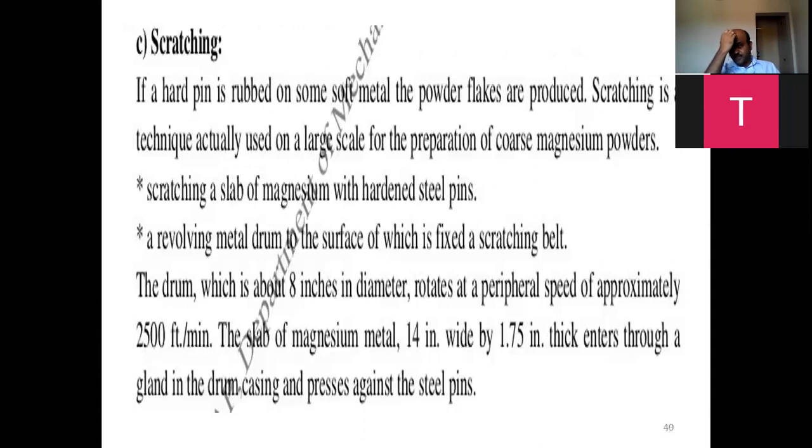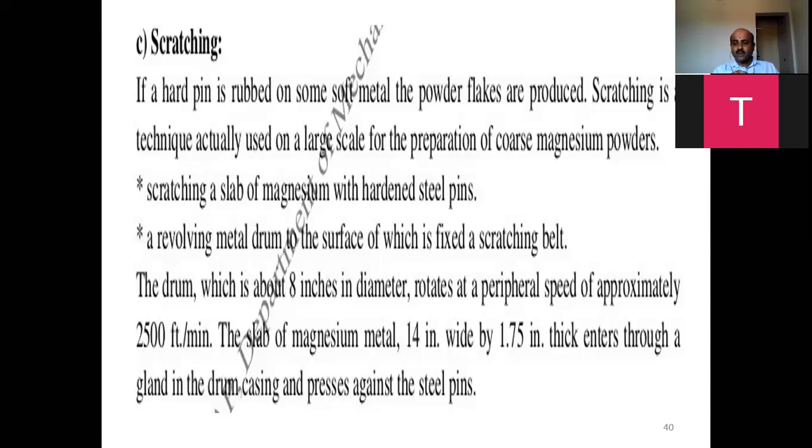Next comes scratching. If a hard pin is rubbed on some soft metal, powder flakes are produced. Scratching is a technique actually used on a large scale for the preparation of coarse magnesium powders. So here is another method called scratching.